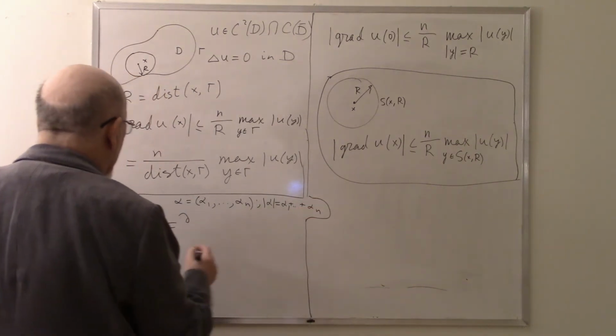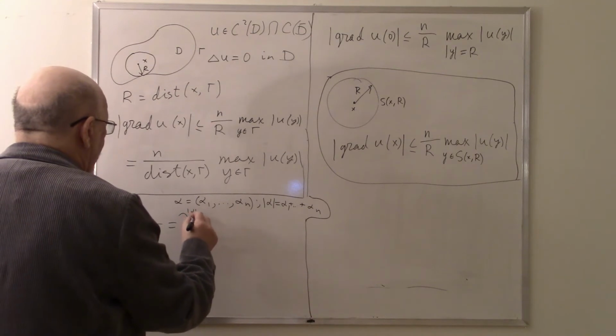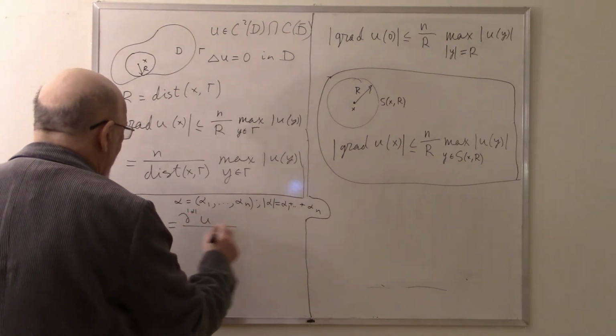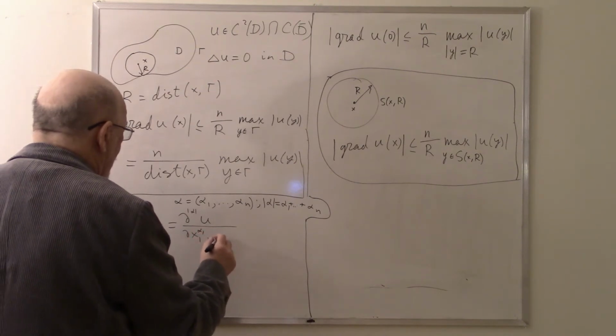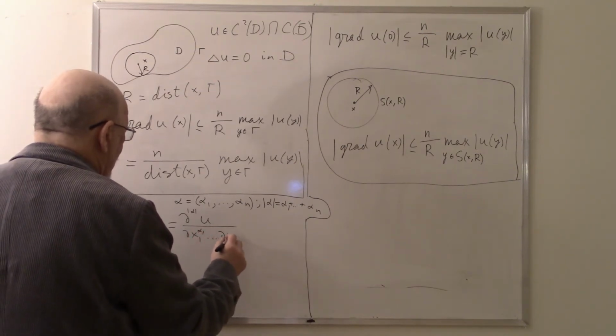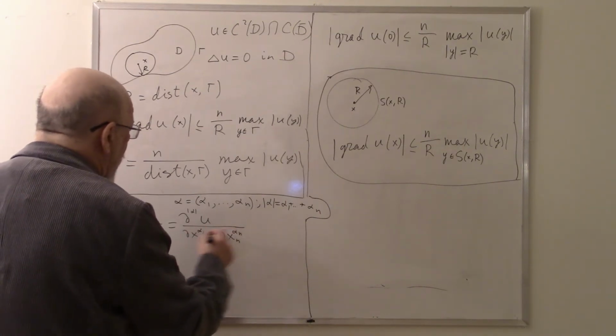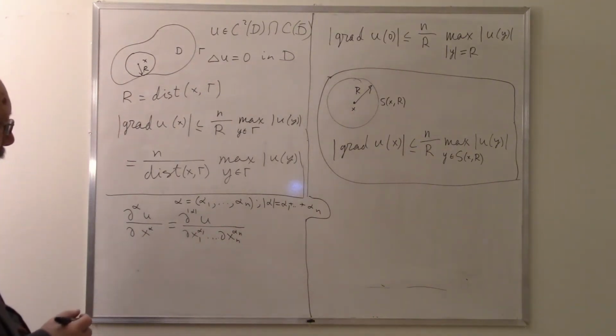This is a simple notation: d to the modulus alpha of u over dx1 to the alpha 1 through dxn to the alpha n. Not all alpha k are positive, some are 0. If it's 0, simply it is absent here.